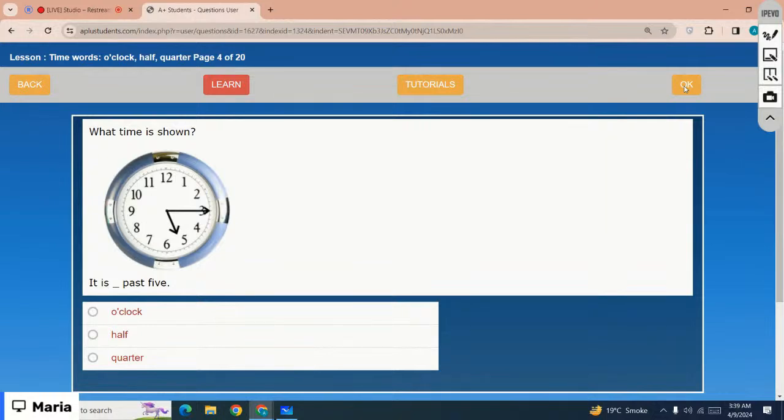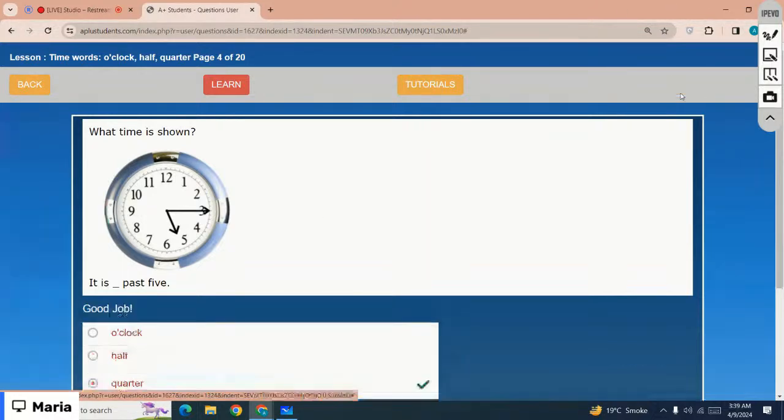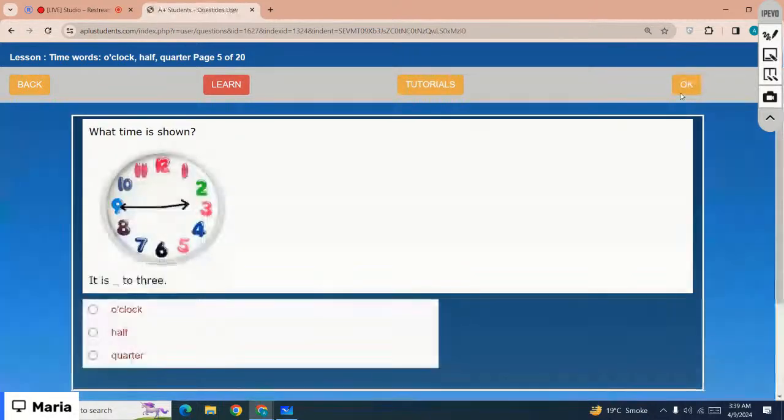That is quarter past 5. The correct option is quarter past 5. Very good. Okay, the next one is what time is shown, which is the correct option.